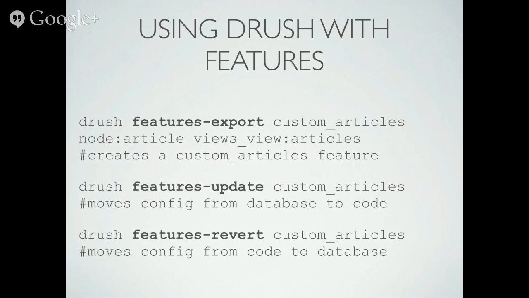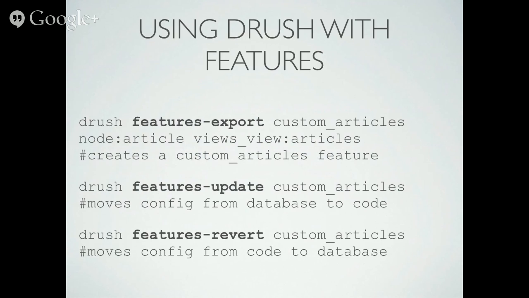But the most common commands that you're going to use are drush features export, which is for actually creating a feature. And you're going to use that to define which components you want to include in your feature. So here in my example, if you use drush features export custom articles, then the two strings that follow are node:article.